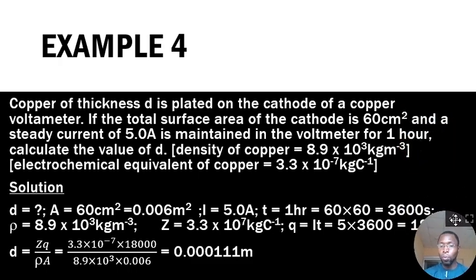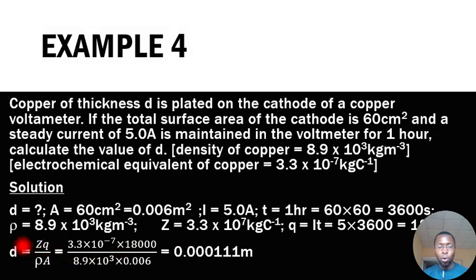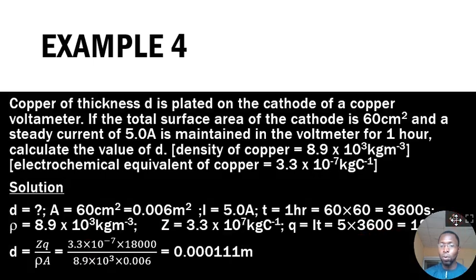Now we come to the formula to get our thickness, which is D. The formula is electrochemical equivalent multiplied by charge, over density times area. So the electrochemical equivalent Z is given, 3.3 times 10 to the power minus 7. Our charge is 18,000 coulomb.